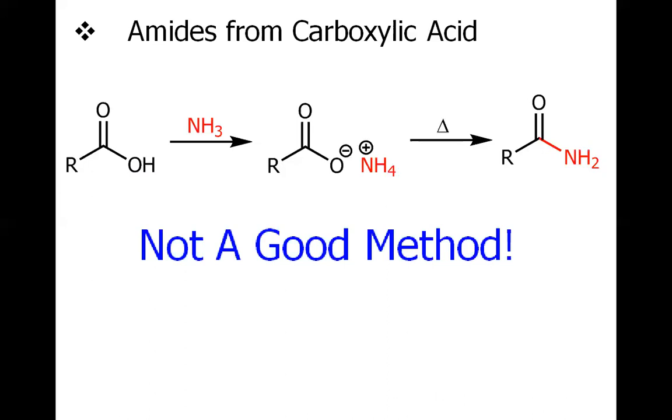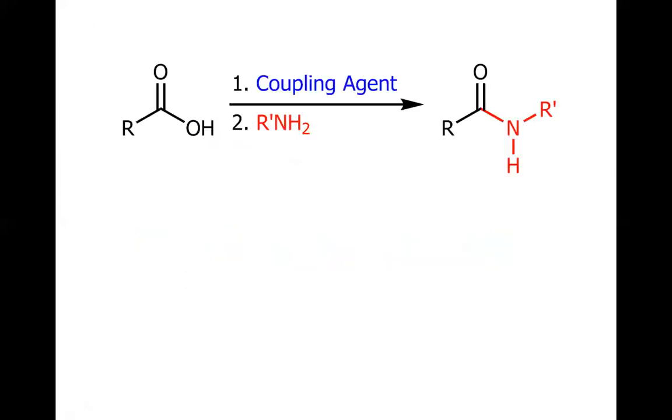So we may convert this OH with a good leaving group. If we may convert, then the reaction will occur. So the remedy is to use a coupling agent prior to the attack of the amine to have the amide formed.